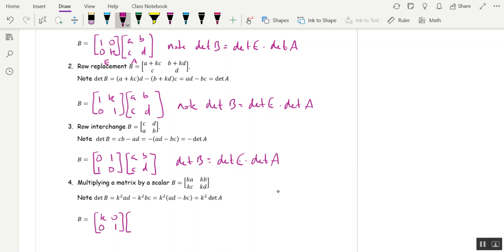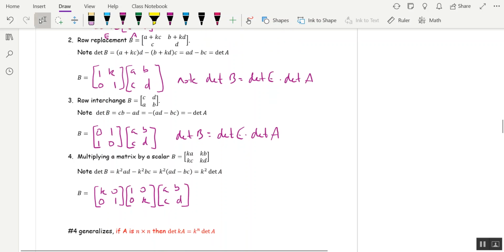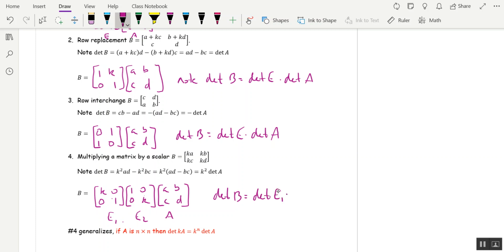And then we'd have to scale row 2, 1, 0, 0, k, then multiply by A. So it would require 2 elementary matrices. If I call this E1 and this E2, the determinant of B is the determinant of E1 times the determinant of E2, because those both have determinant k, and then multiply by the determinant of A.